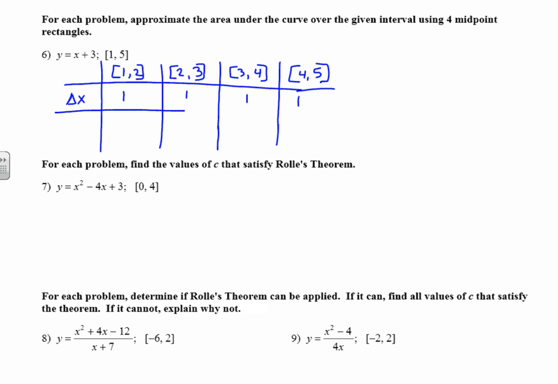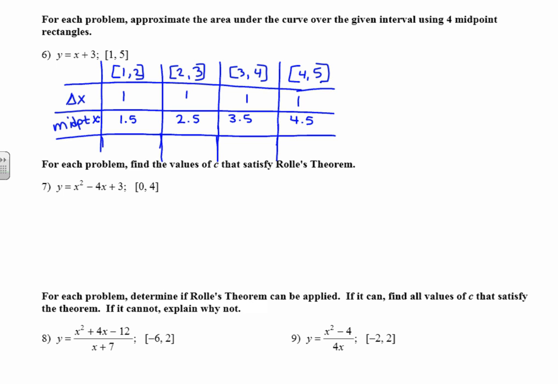Next, let's talk about the midpoint in this. The midpoint x value would be at 1.5, 2.5, 3.5, 4.5. Next thing I need to know then is what is the height at each one of those.